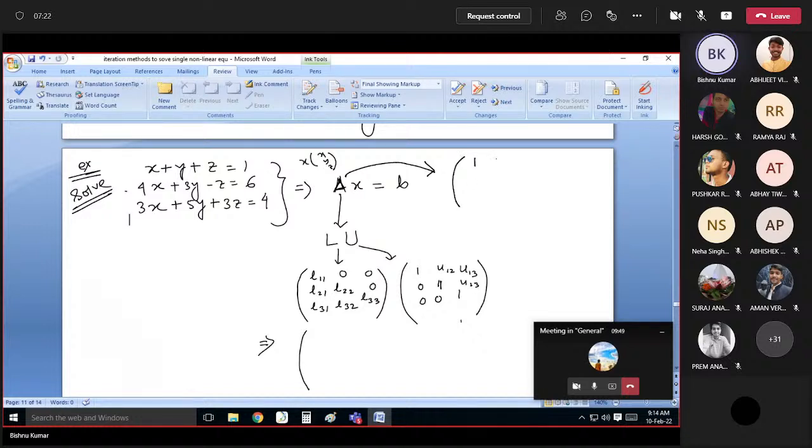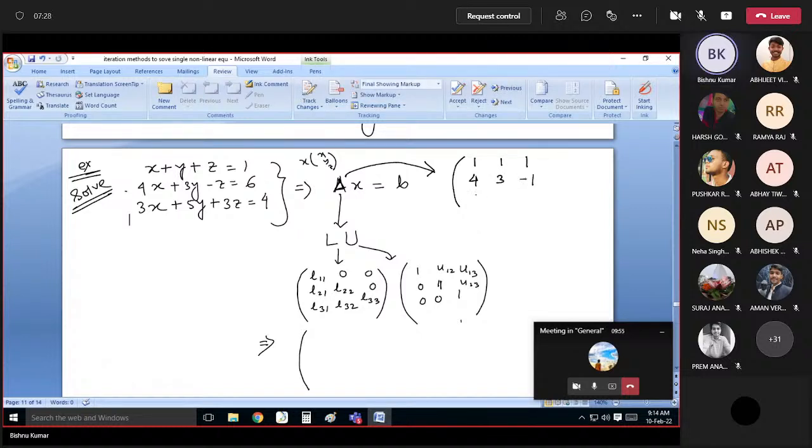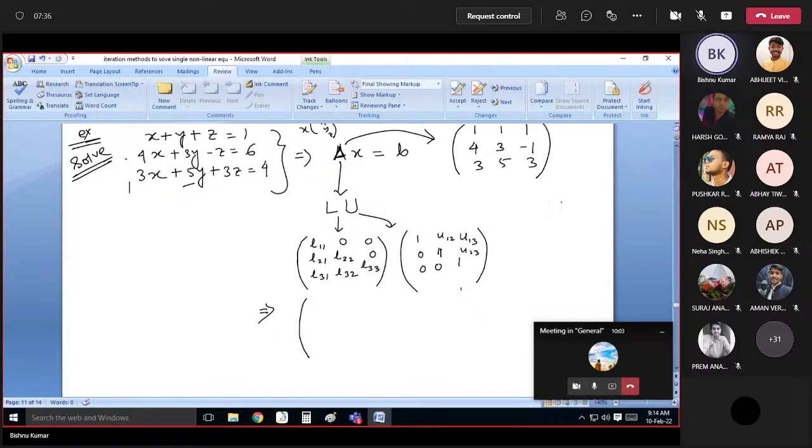The coefficient matrix: 1 1 1, 4 3 minus 1, 3 5 3, isn't it? Are you getting my point? Yes, sir. So you know matrix multiplication. Are you able to multiply this?